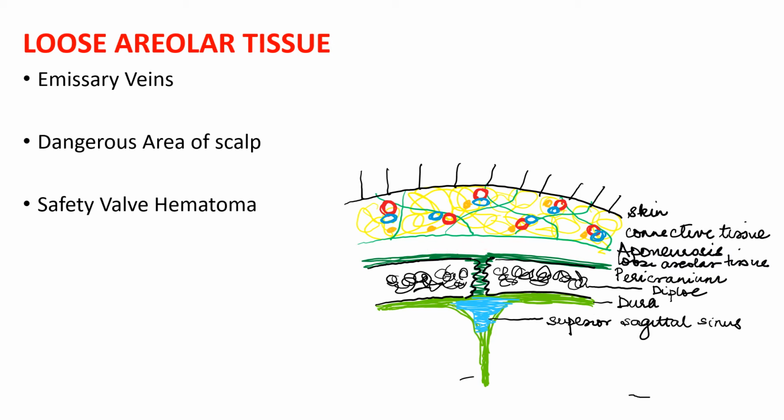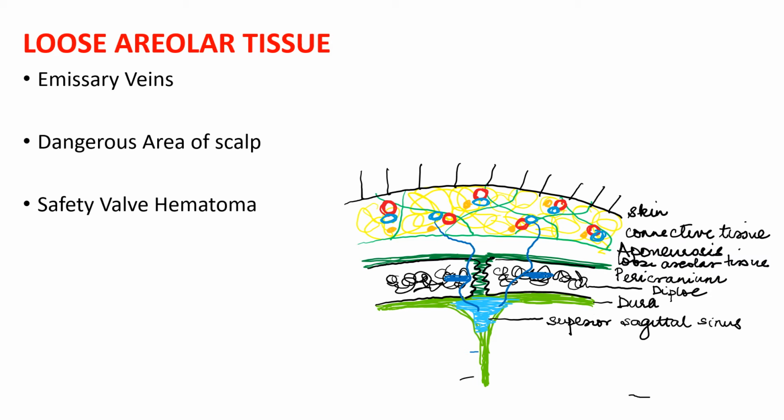These are veins which connect the extracranial veins, which were lying in the scalp, to the underlying veins, the intracranial venous sinuses. And also these veins connect to the veins which are running in the bones, the diploic veins which are present out here.